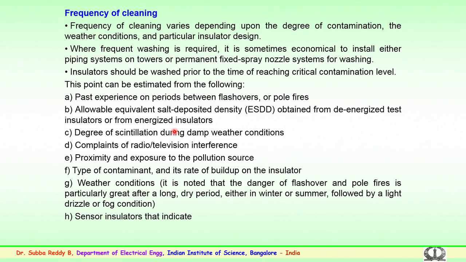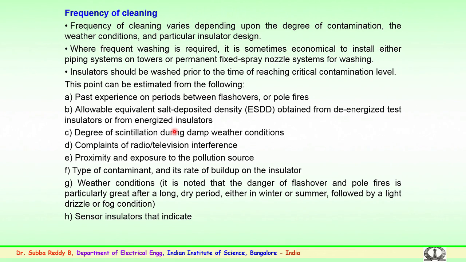Weather conditions. It should be noted that the danger of flashover and pole fires is particularly great after a long dry period, either in winter or summer, which is followed by a light drizzle or fog conditions.